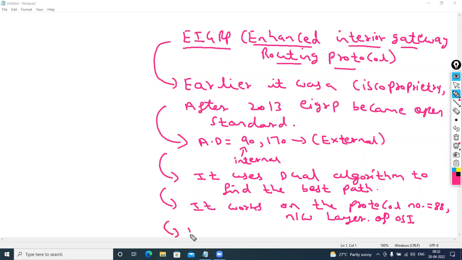And it uses the multicast address 224.0.0.10. Done?